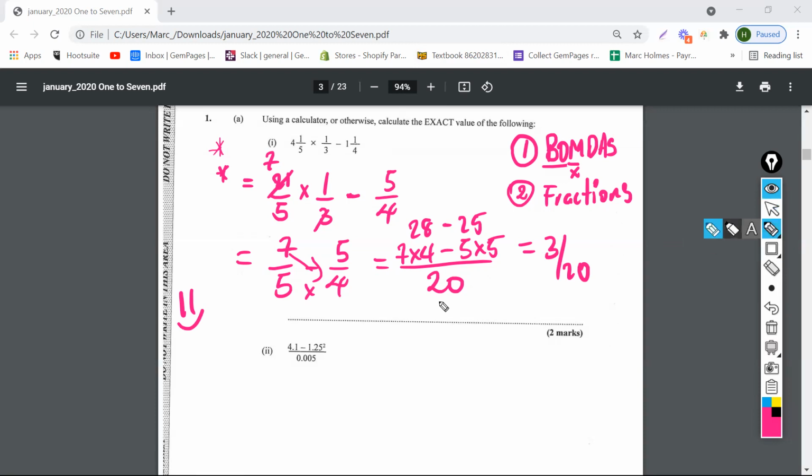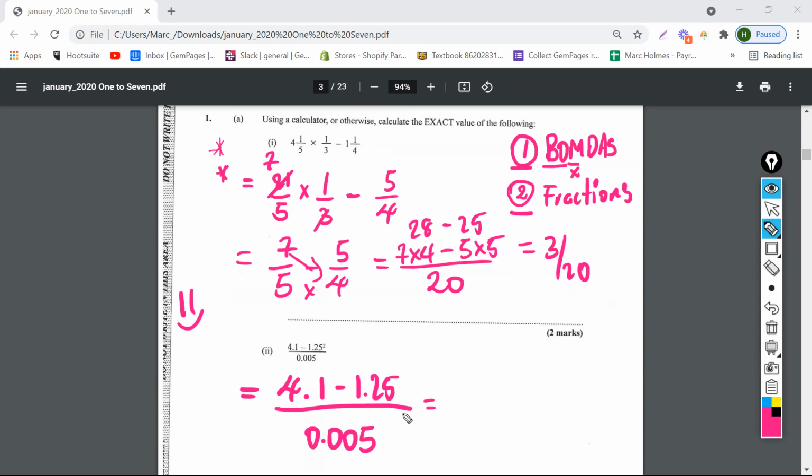So let's move on to the next one though, the one down here. So this is 4.1 minus 1.25 squared, divided by 0.005, right? And we're gonna follow the same rules, BOMDAS. Well, this is in decimals, so we're just following BOMDAS for this one.